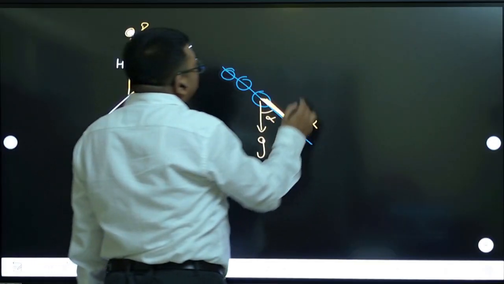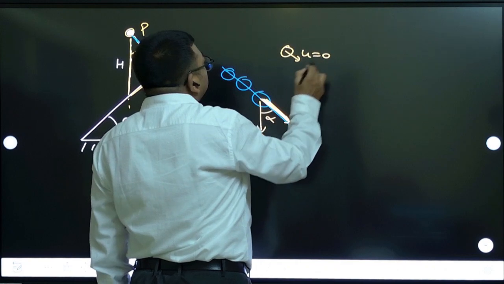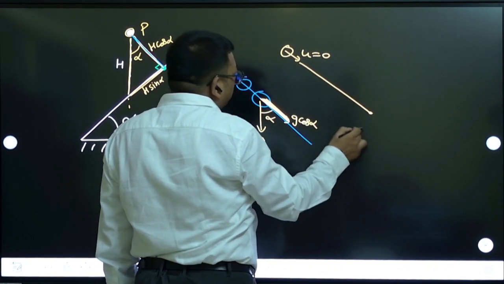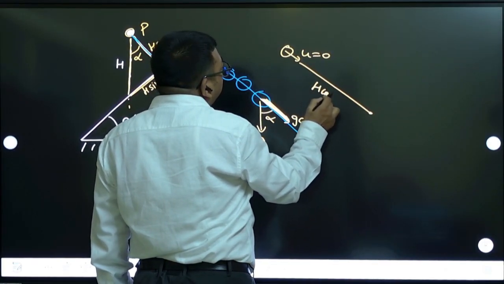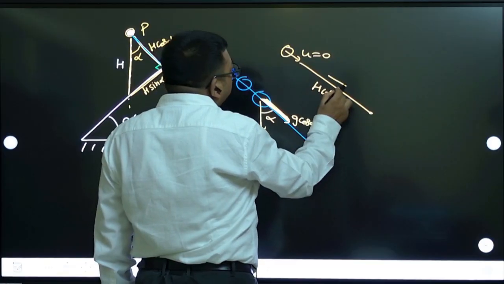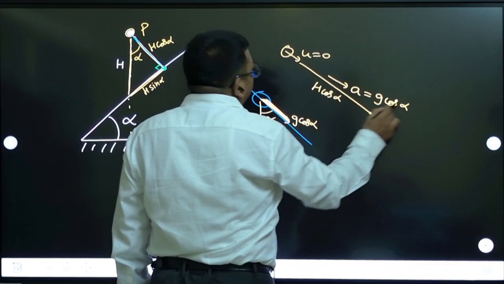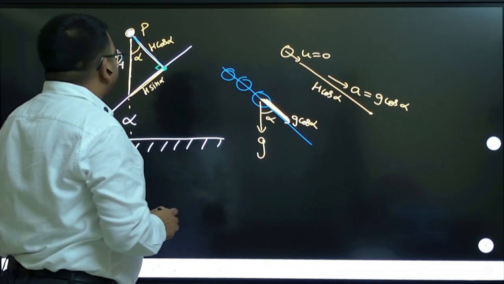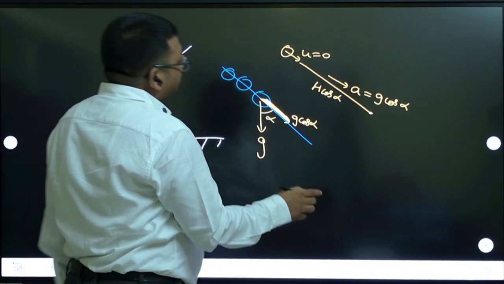So let us assume that it has started from here with initial velocity 0, and it has come here. This distance we know is h cos alpha, and it is coming with the acceleration a, which is g cos alpha, right? So if I try this, how much time will it take?